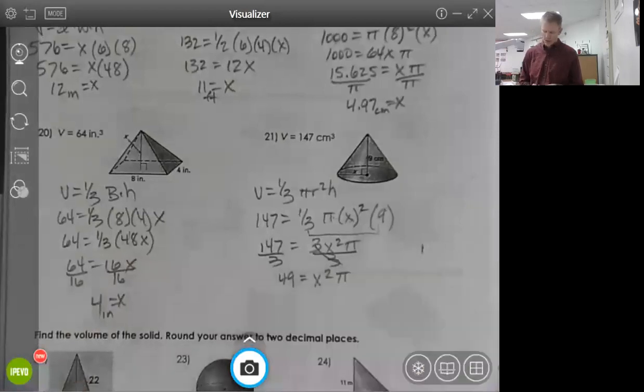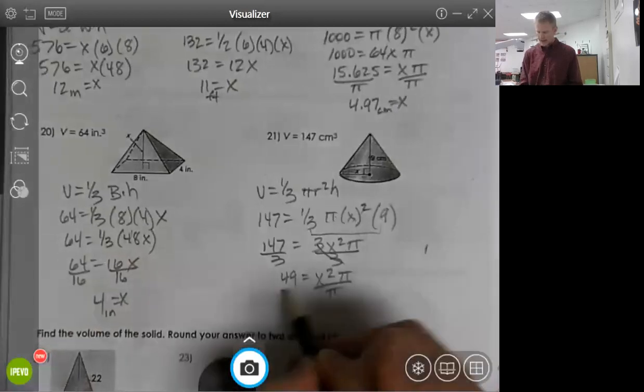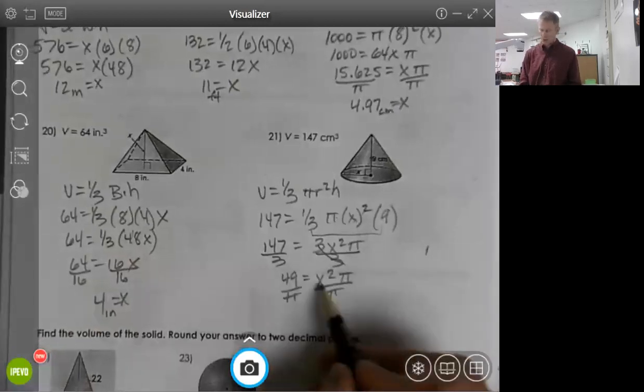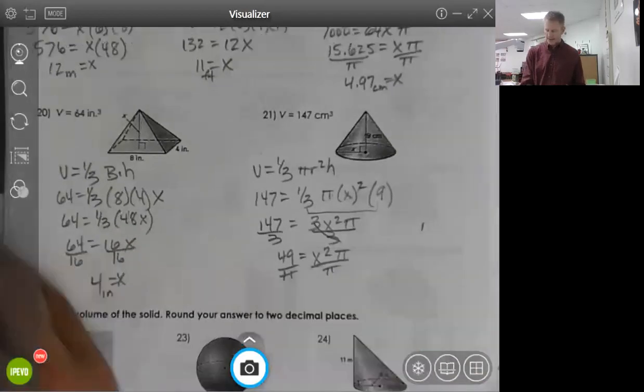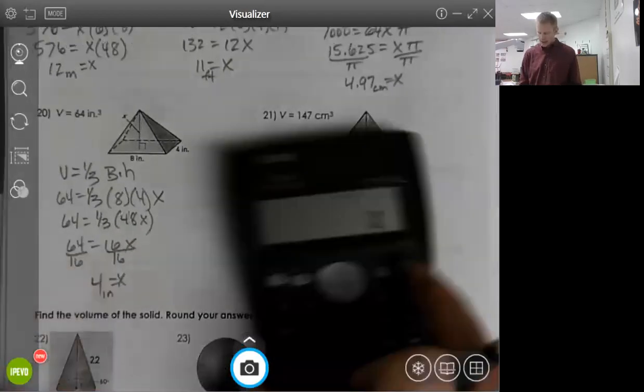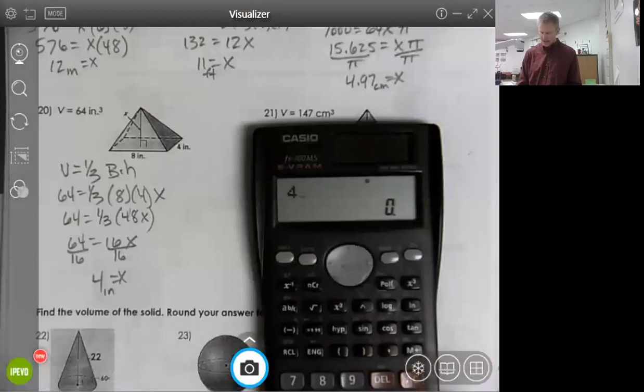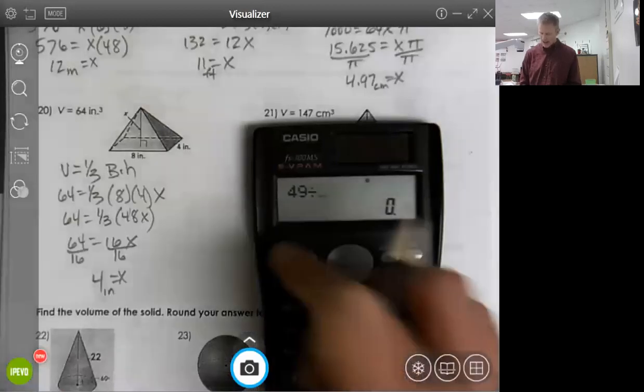All right. Unfortunately, we still got to work with this pi thing. So we're going to divide by pi. It almost looks like we could take the square root of that, but no, you can't. You got your 49 divided by pi.